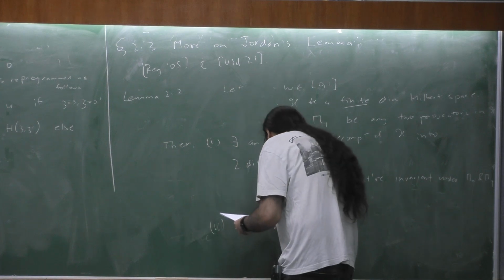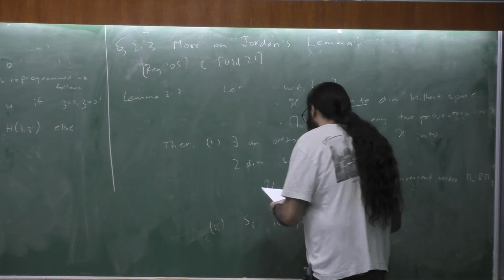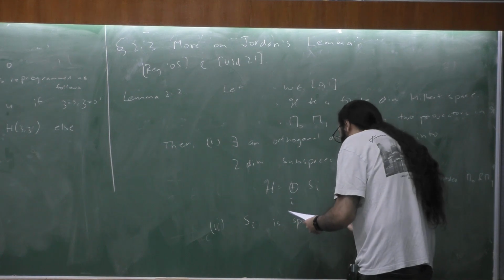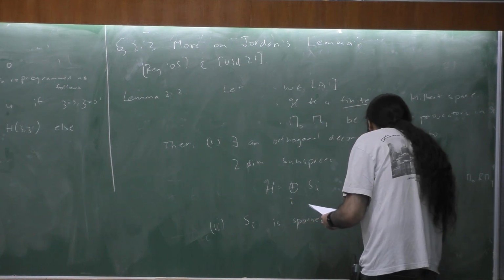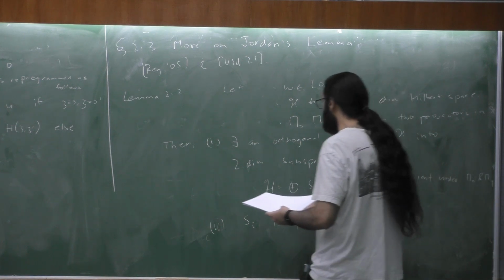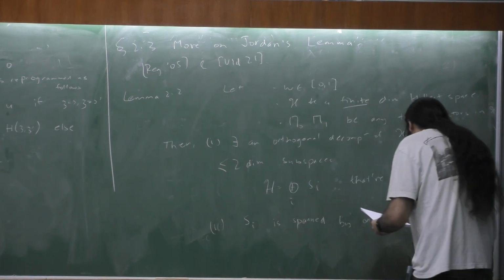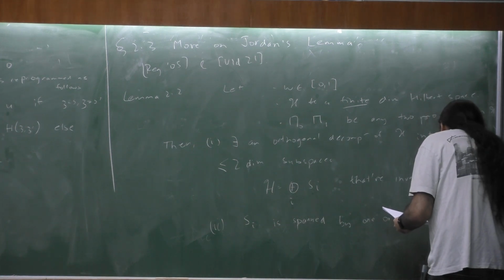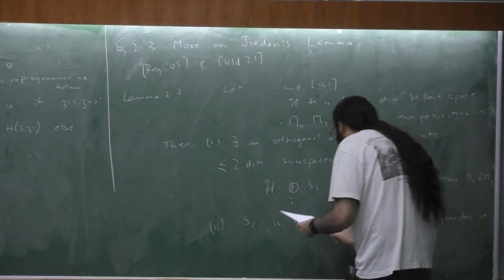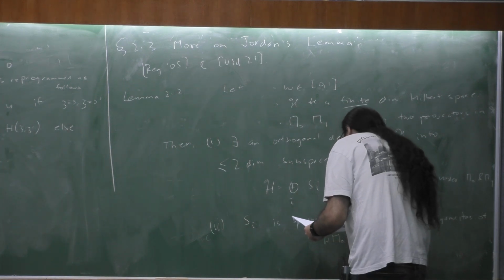So SI is spanned by, no, we will see what's going on in a minute. So SI is spanned by 1 or, maybe it's at most, maybe I skipped a second, 1 or 2 eigenvectors of omega pi 0 plus 1 minus omega pi 1.